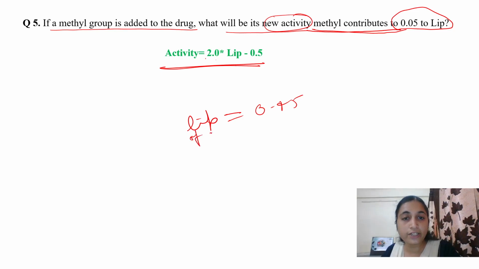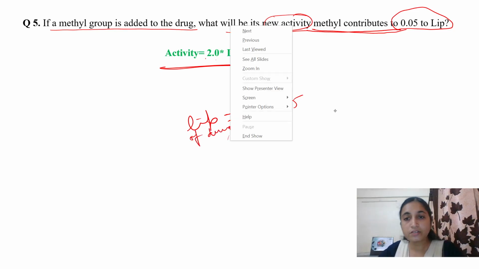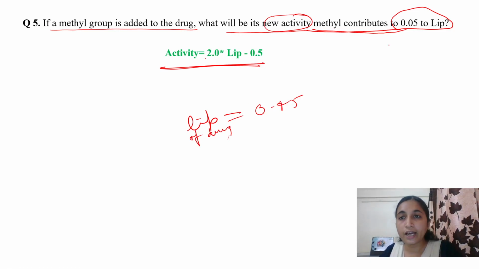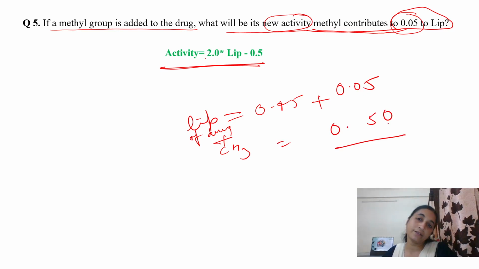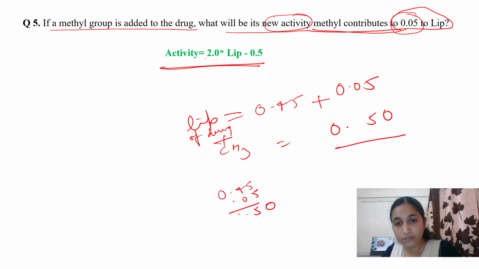The lip of the drug in previous questions is given as 0.45, and when a methyl group is added to the drug, drug plus methyl group, how much does methyl contribute to lip? 0.05. So 0.5, this much only, no?